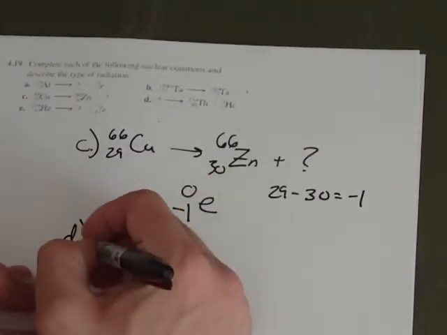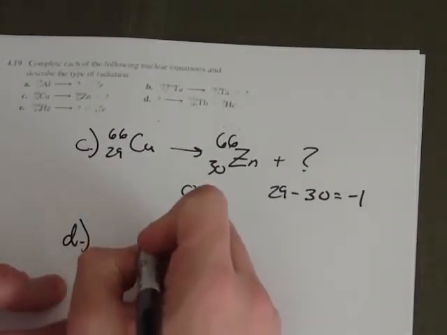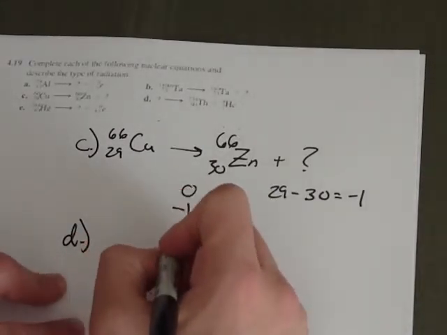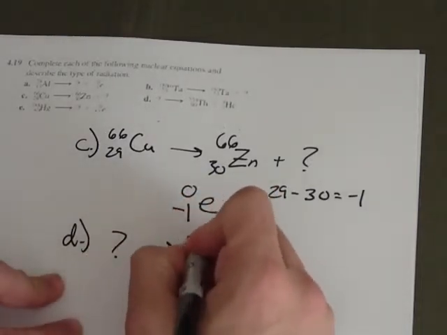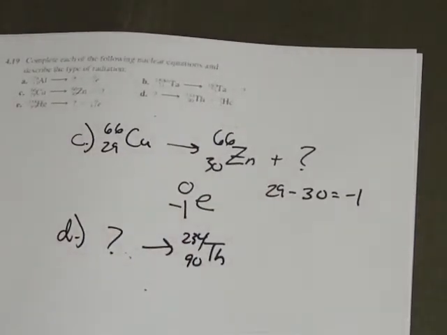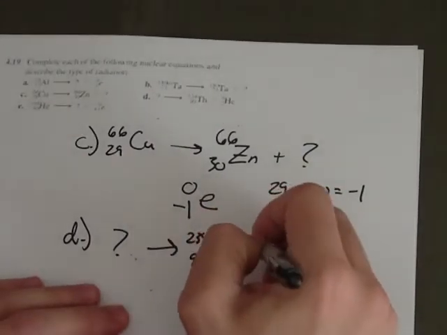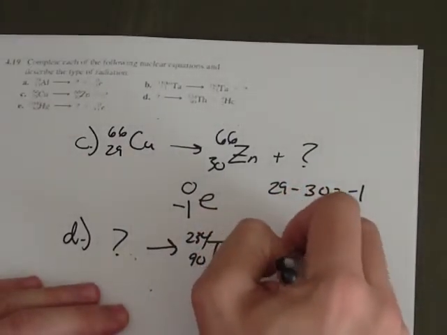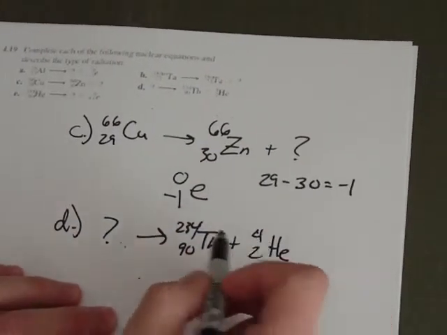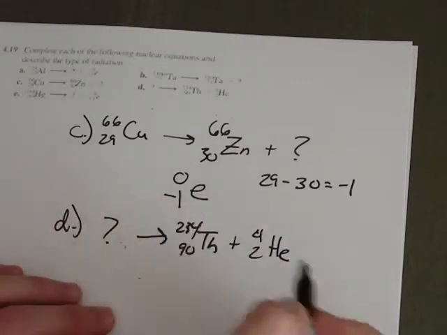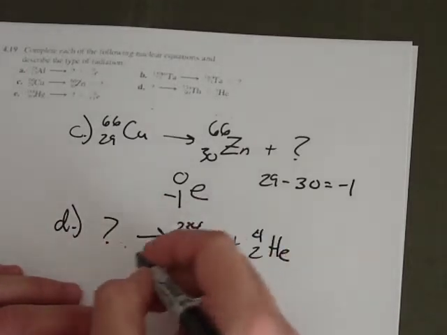Then for part B, we have something going to thorium 234, which has an atomic number of 90. This is an alpha decay. Here you just have to make sure that the mass numbers on the right equal the mass numbers on the left.